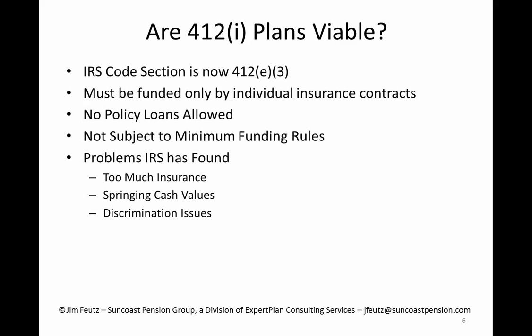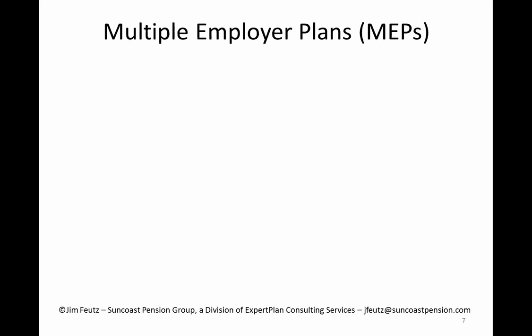Whereas if you design a different type of plan that we'll talk about later, you can keep the staff cost to a reasonable level. So I guess the net, in summary, the 412(i) and now called 412(e)(3) plans are definitely on the IRS radar screen, and if a client sets one of those up, just tell them to count on being audited.